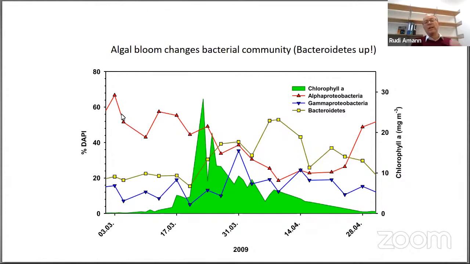This is relative abundance, percent of all cells. The alphas go down, and the Bacteroidetes take over. This is now the window in which we did the Spring 2009 examination.